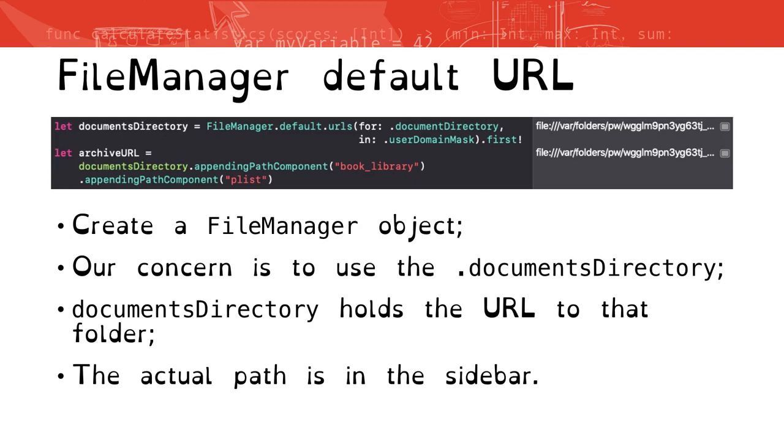We've named this variable documentsDirectory, and our concern inside the file system is to be able to get to it. So once we do have that URL, which we can store in a variable, we can then use it to proceed to save data to a file. Let's have a look at how we do that on the next slide.